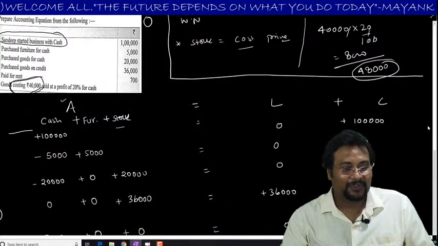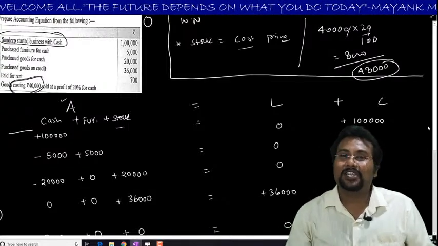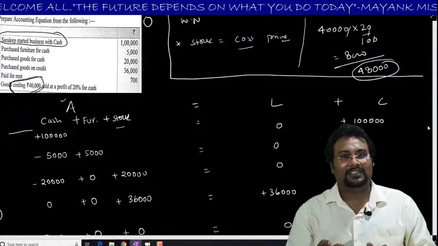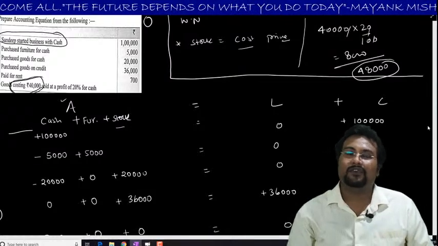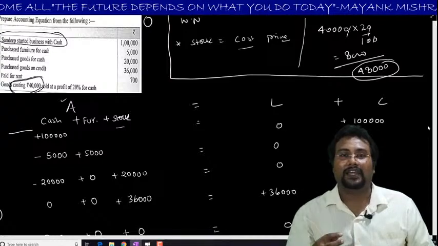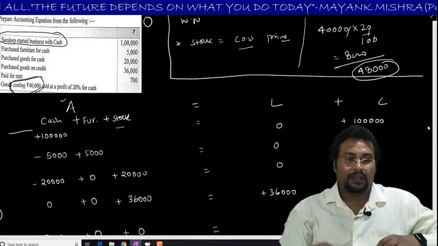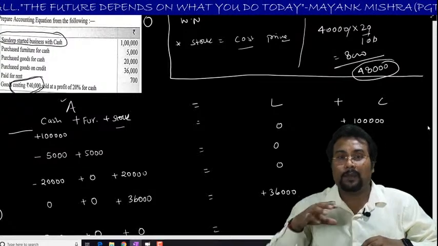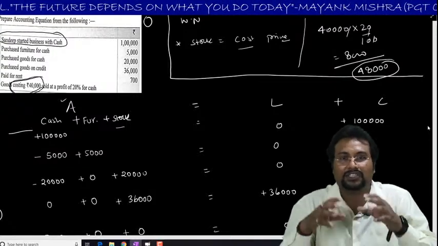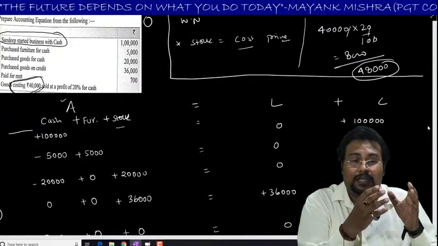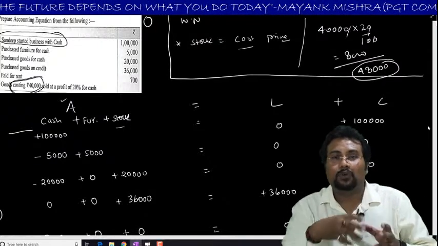Always remember, the accounting equation is very easy. You only have to read the question carefully and find the effect. If this thing is coming in, what thing is going out? Is it a future payment or present payment, a cash transaction or credit transaction, a profit, loss, expense, whatever.